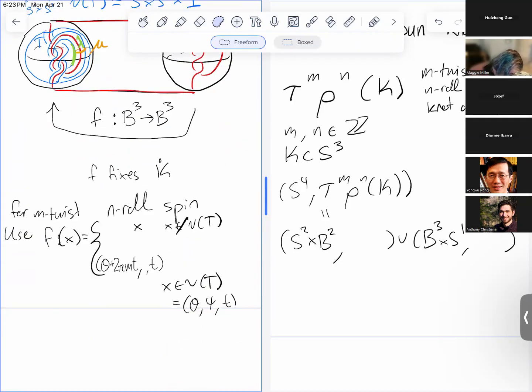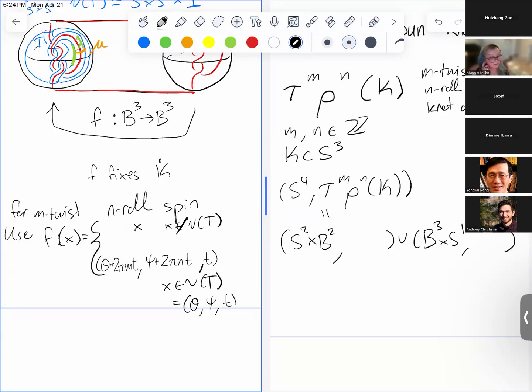And then the second angular factor, I'm going to do psi plus 2 pi n t. So this is telling me that near the torus, as t increases, I twist all of the points m times around a meridian of the knot and n times around a longitude of the knot.